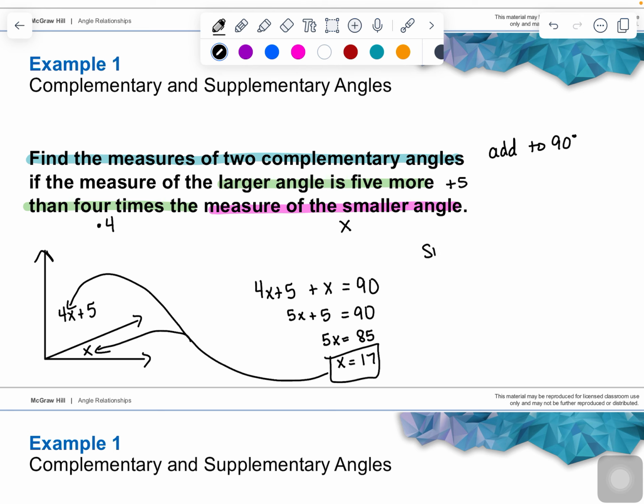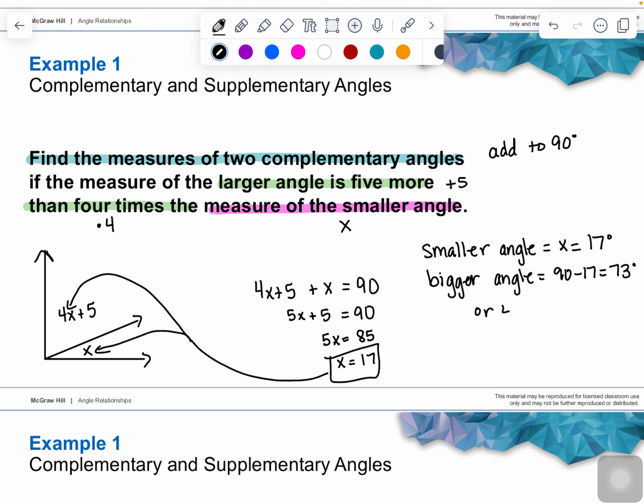So we know that the smaller angle is x, which means it's 17 degrees. The bigger angle must then be 90 minus 17, which is going to be 73 degrees.